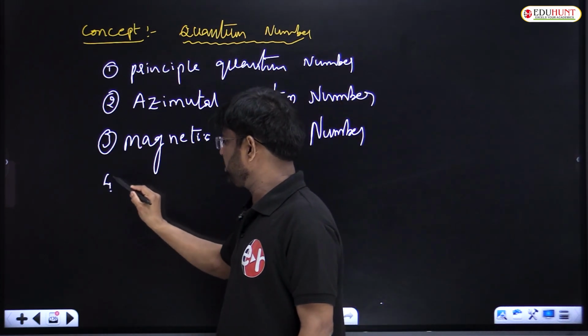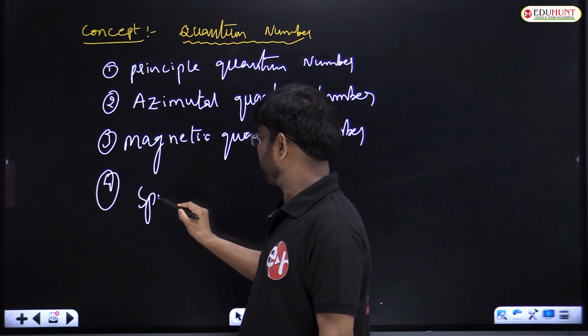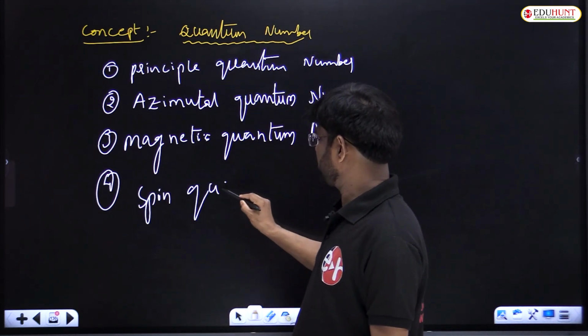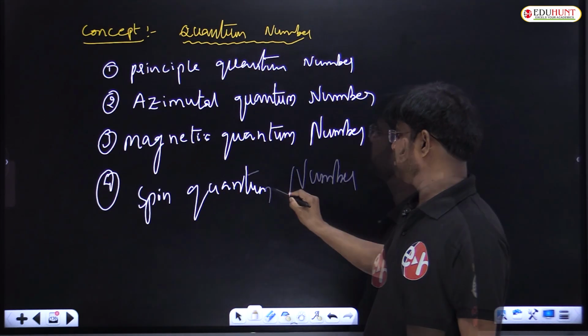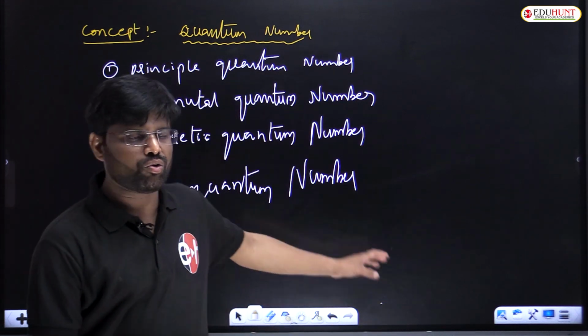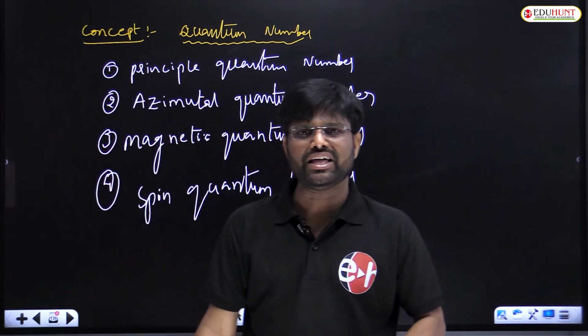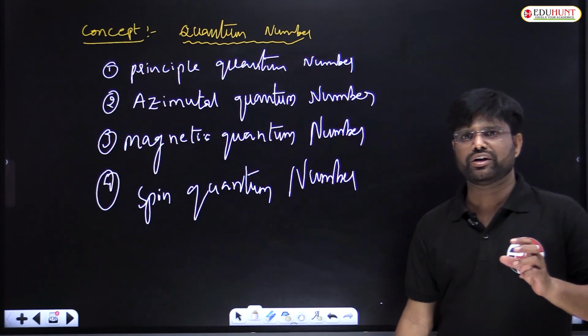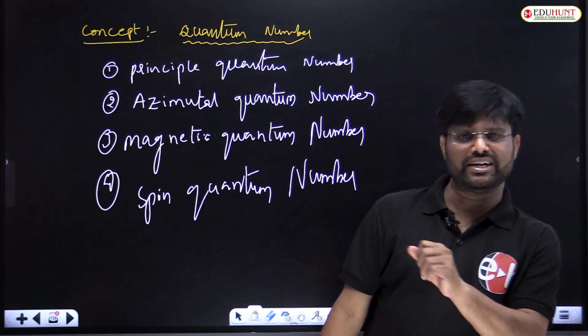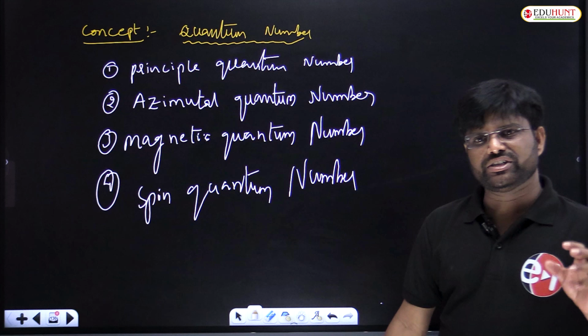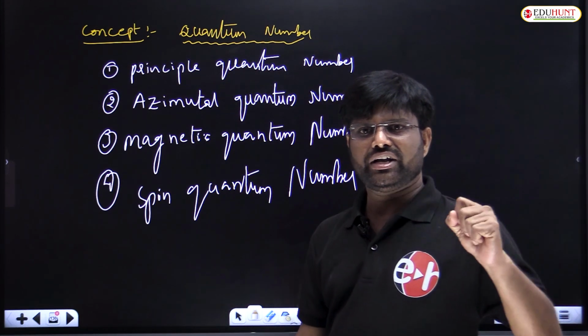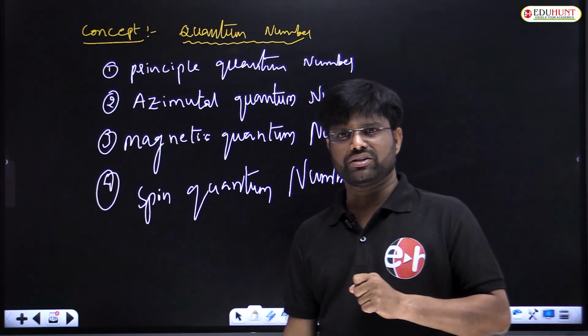And the fourth one is the spin quantum number. Different scientists proposed different quantum numbers. That is called quantum numbers.